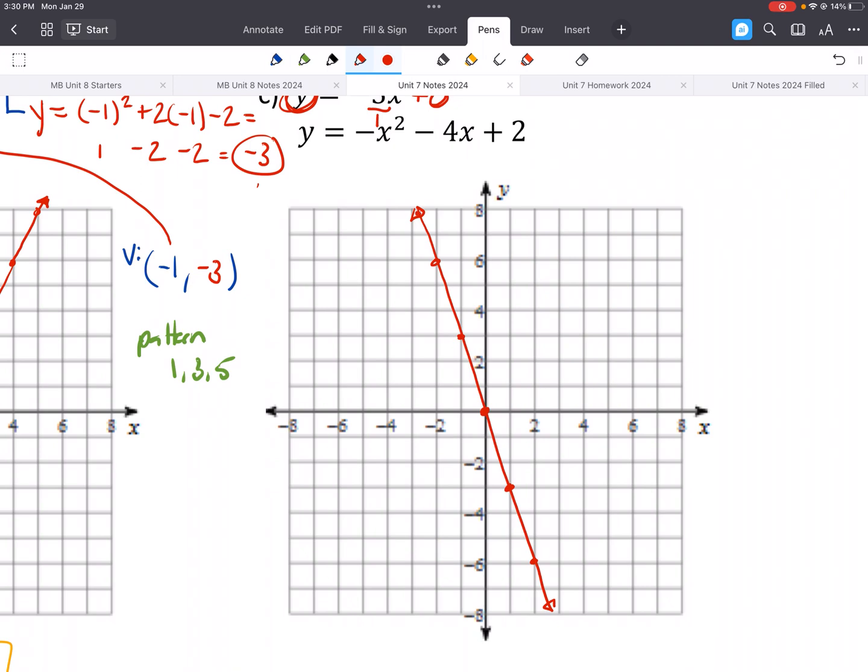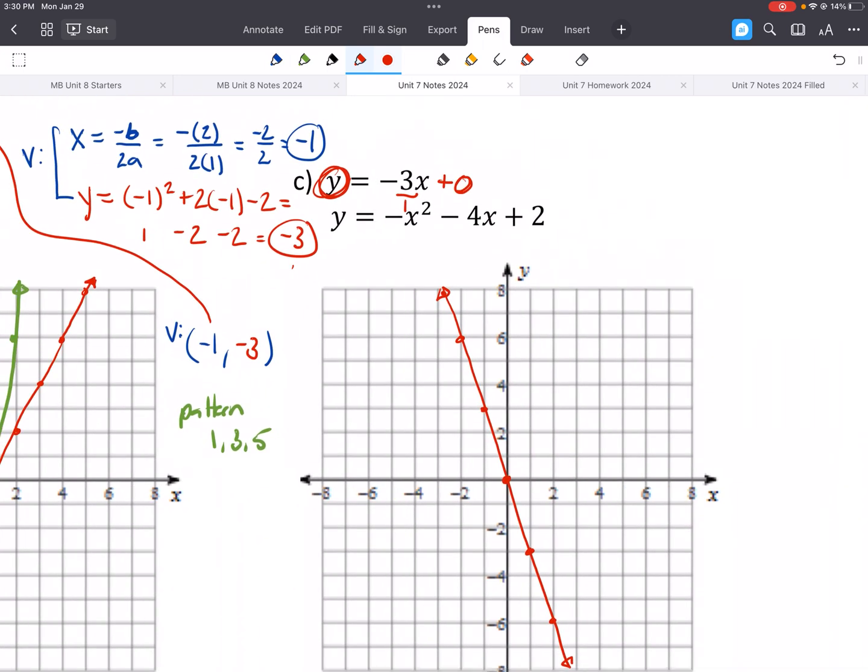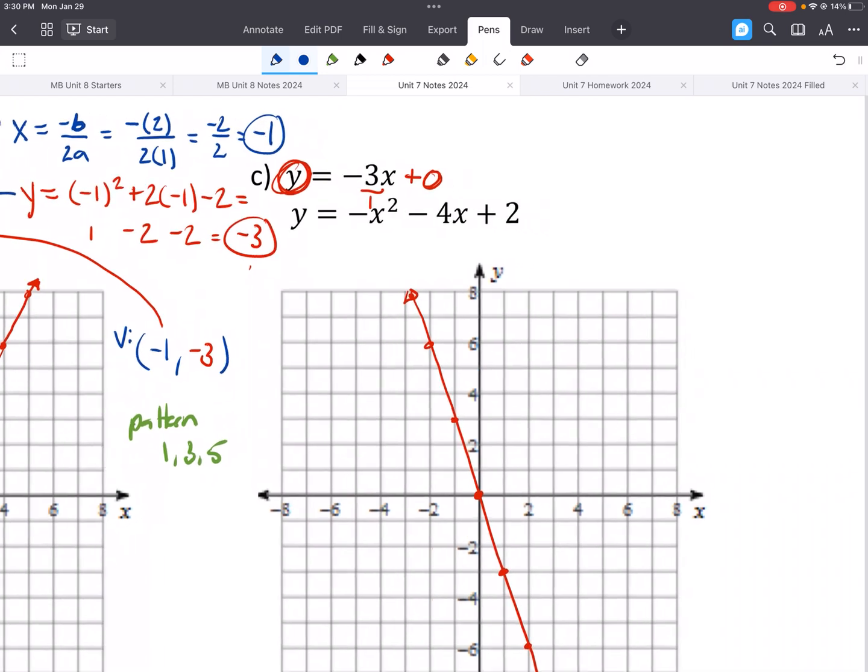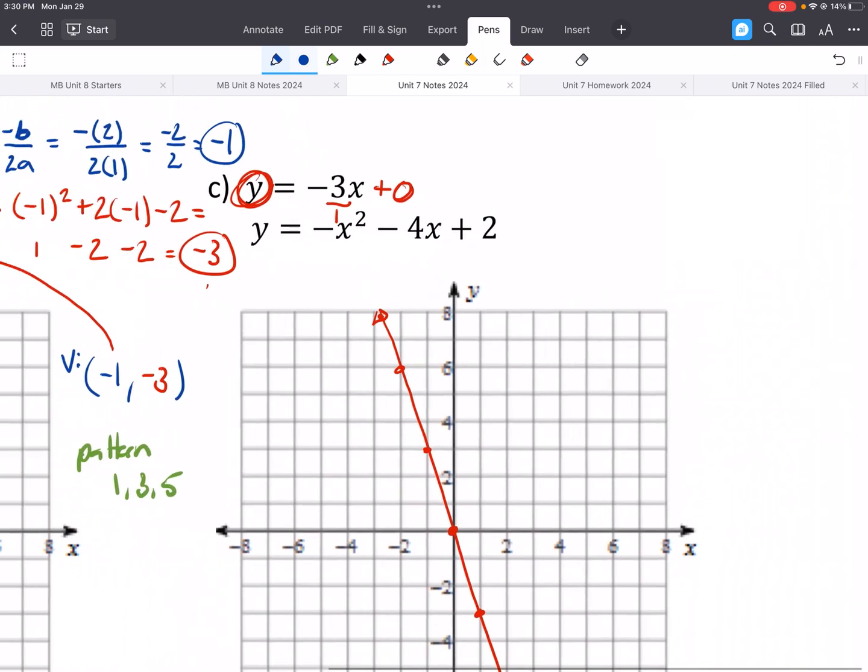Okay, so now let's talk about if we wanted to use our graphing calculator. Most of the time I'll do it just algebraically by hand, but you are welcome to do this with your graphing calculator.